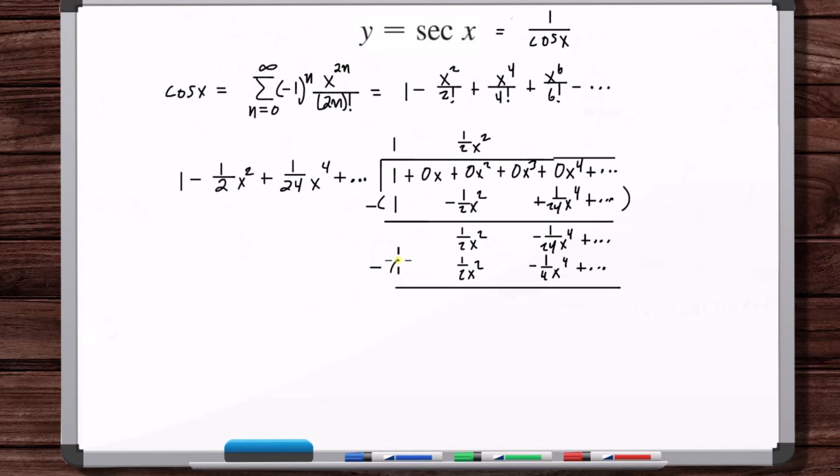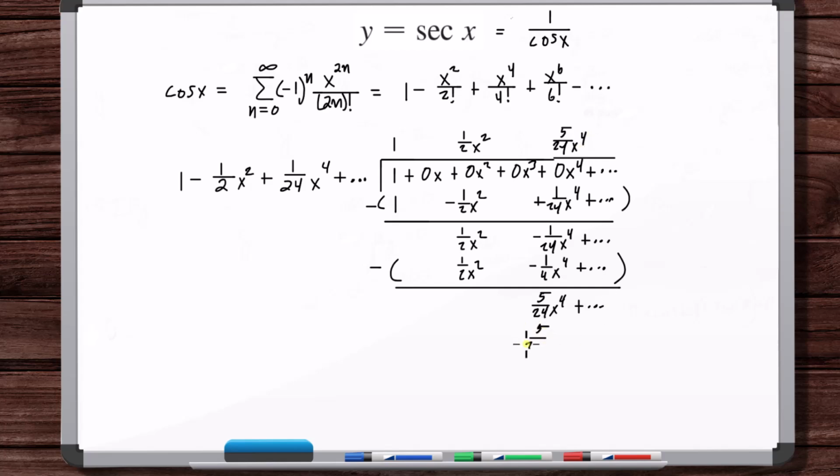Okay. This goes to 0, so minus 1 over 24 plus 1 over 4. 6 times 4 is 24. So that's 5/24. Okay, 5/24 divided by 1 is 5/24 x to the fourth.